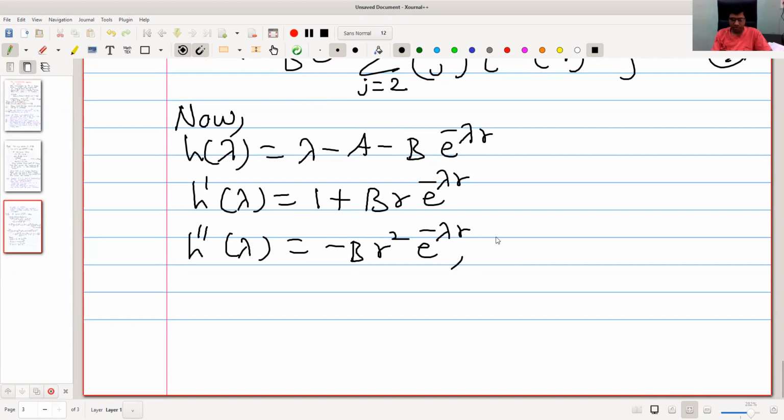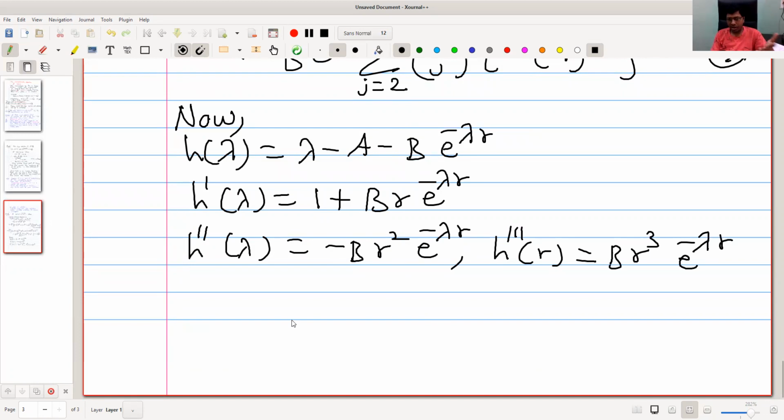Third derivative will be, here b and r square will be constant. Only differentiation of e raised to minus lambda r here onward. So every time we are multiplying by minus r. So this will be plus b r raised to 3 e raised to minus lambda r.